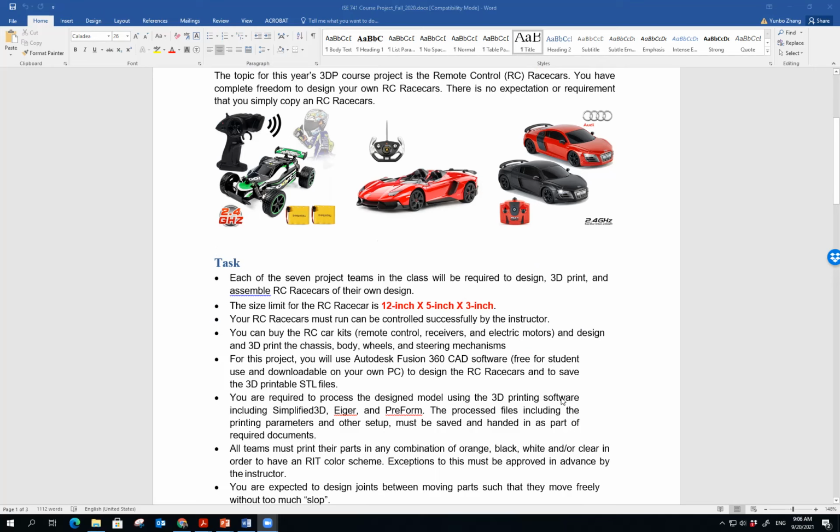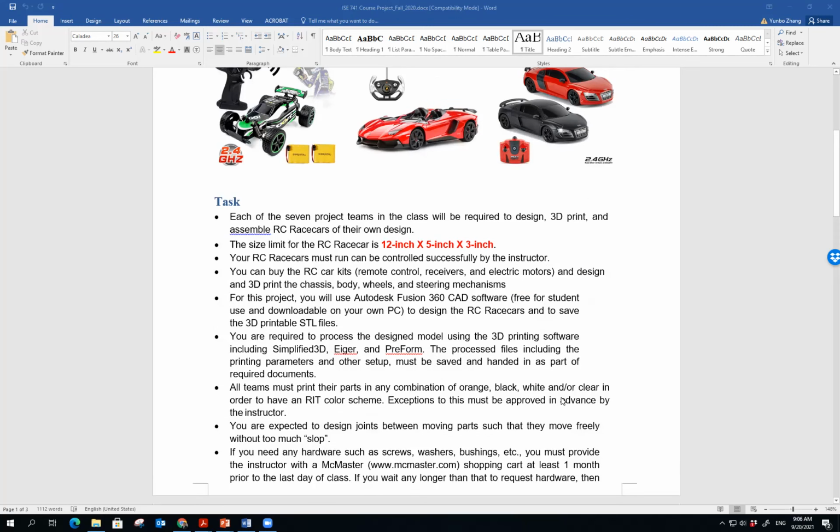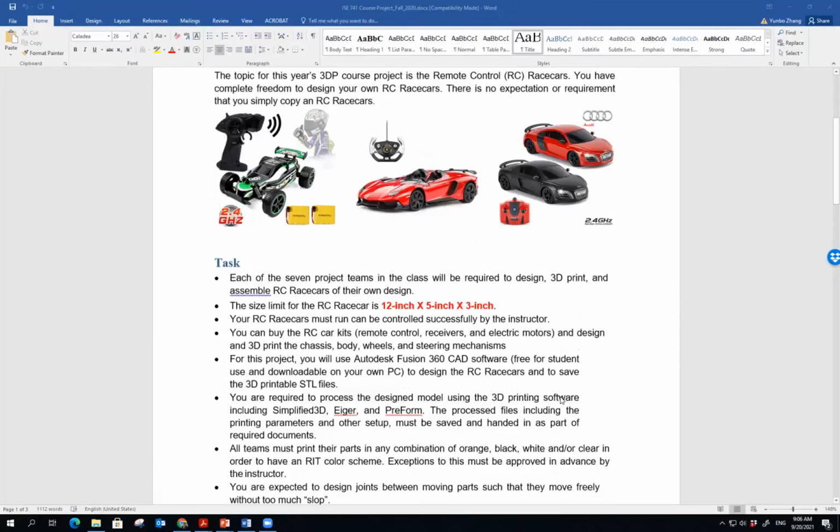Basically, you want to design the appearance, some of the critical parts like the transmission mechanisms, and also other parts like wheels. You can reuse the existing wheels, or you print your own.